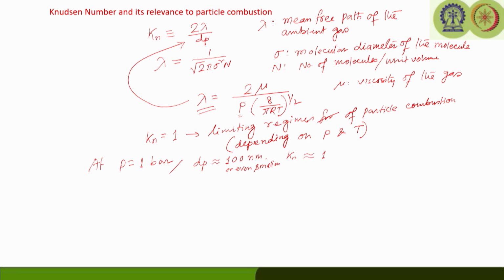Of course, no, sorry, it is going to be greater than 1, because we are talking about 100 nanometers. So the Knudsen number is going to be greater than 1.